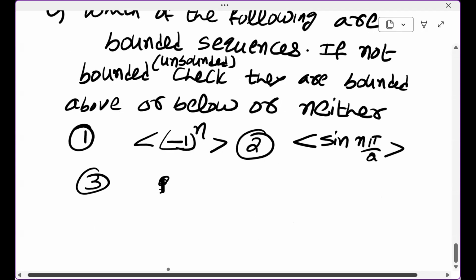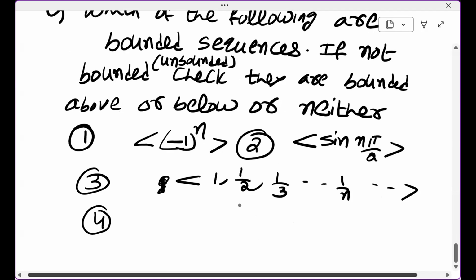One, 1/2, 1/2, and so on. Yes, respond all in chat box. Very good. Good response.